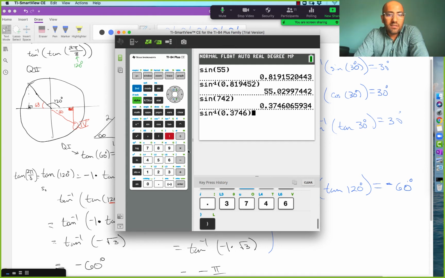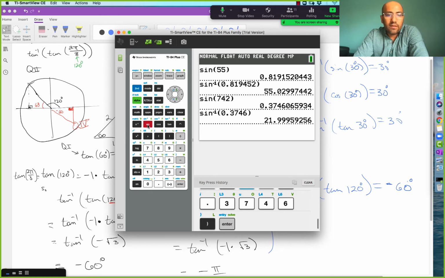The sine inverse function is limited. It can only give you answers between negative 90 and positive 90 degrees. So it gives me almost 22 degrees, an angle between negative 90 and positive 90 degrees such that sine of that angle gives you the equivalent decimal.